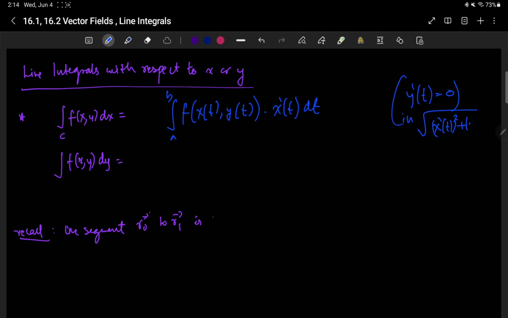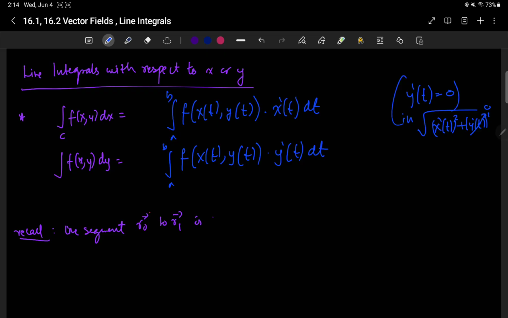In the original equation, that's what we had. So if you set this to be 0, you're only left with x prime. And the same thing here, if you set x prime to be 0, then you're left with y prime dt. And that would be the line integral.